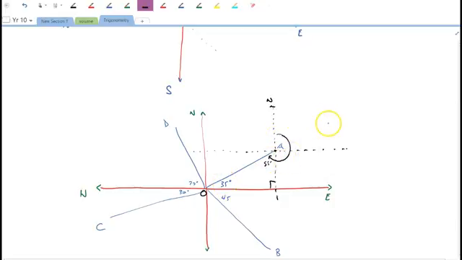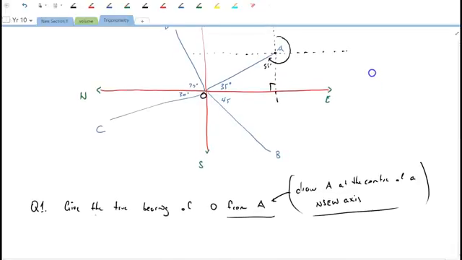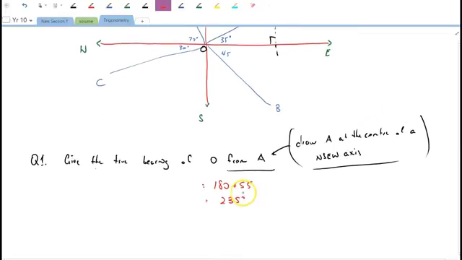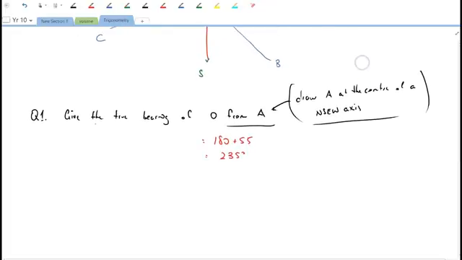So the bearing of O from A will be 180 plus 55, which equals 235 degrees. Now we always give our bearings in 3 digits, so if it's only 2 digits, like 35 degrees, I'd write it as 035. 235 degrees is my bearing of O from A.